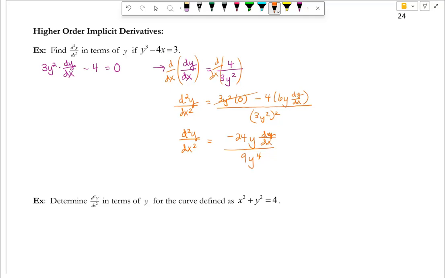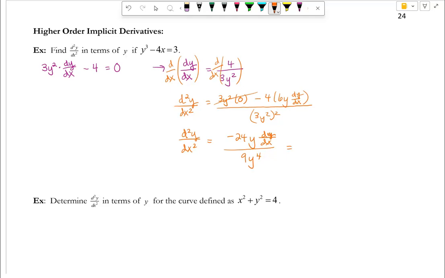And there's something else we're going to have to do here, but first we actually can simplify this, right? 24 and 9 have common factors. We also have 4 factors of y in our denominator and 1 factor in our numerator. So I could go ahead and simplify this at first by dividing out a 3y.